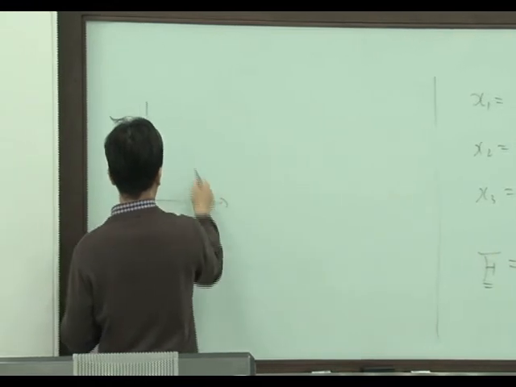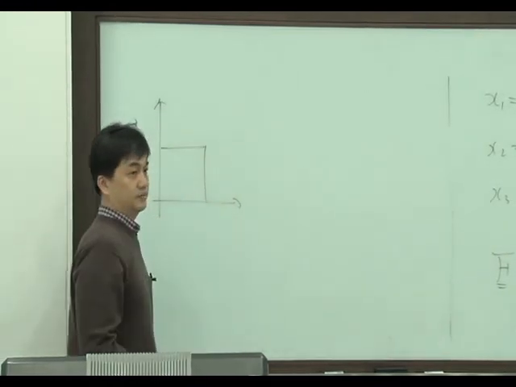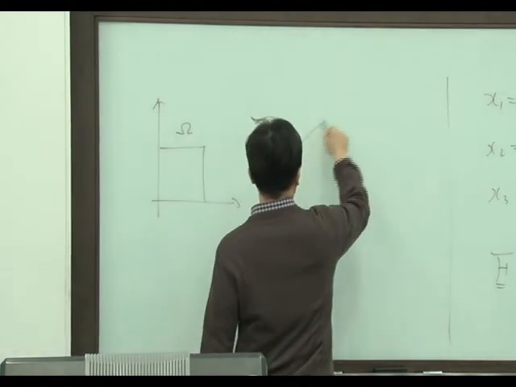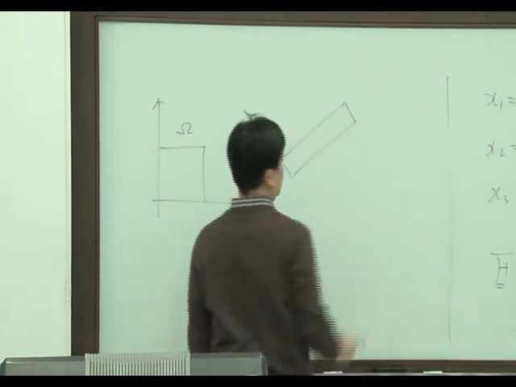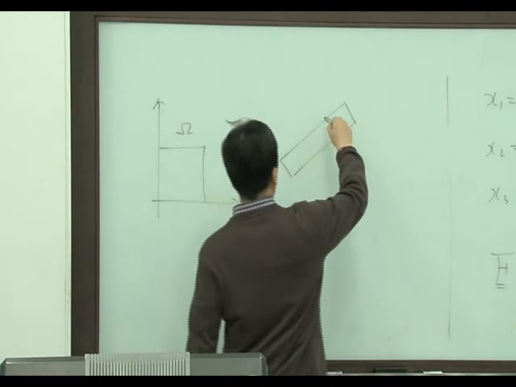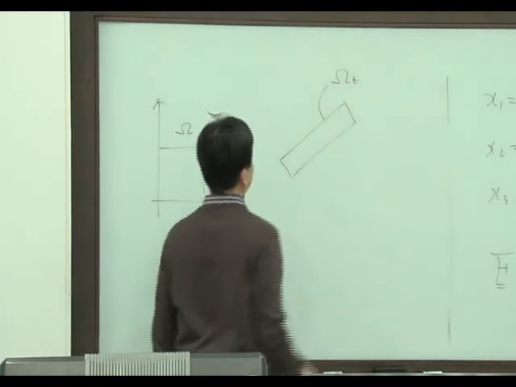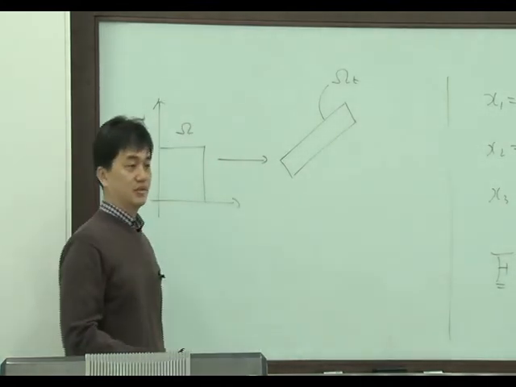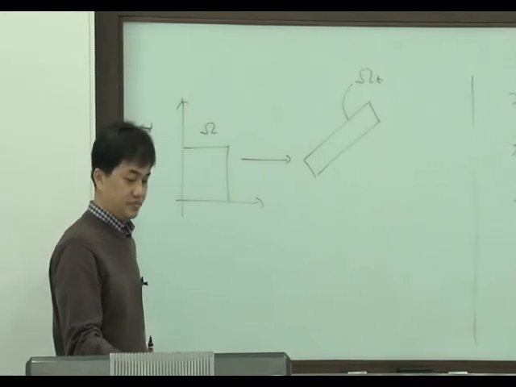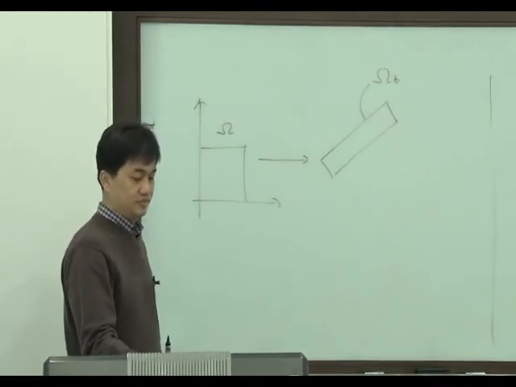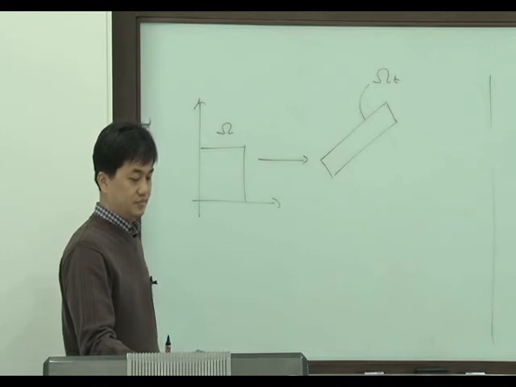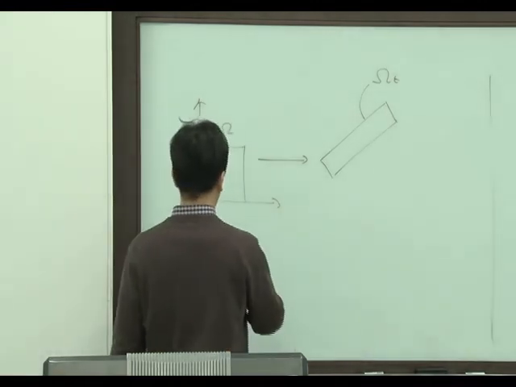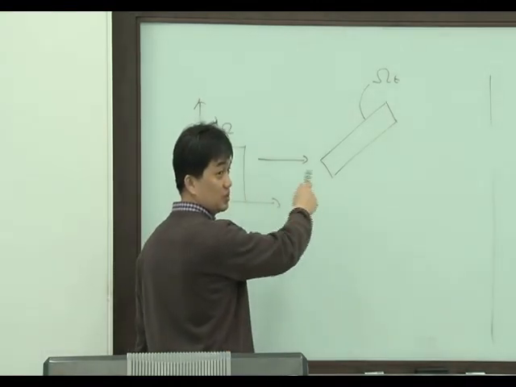Right? So let's say we initially have a body here, omega. And after some time, this body changed, omega t. So, for example, let's consider this simple deformation. This is just one step deformation.